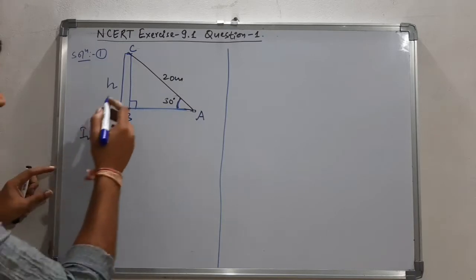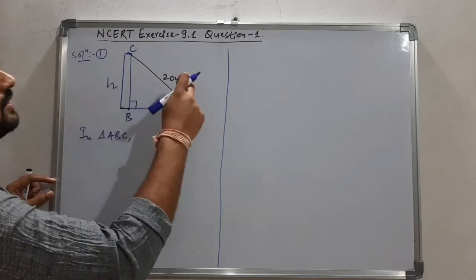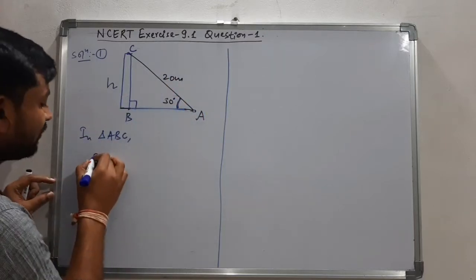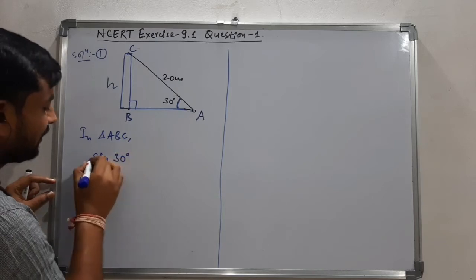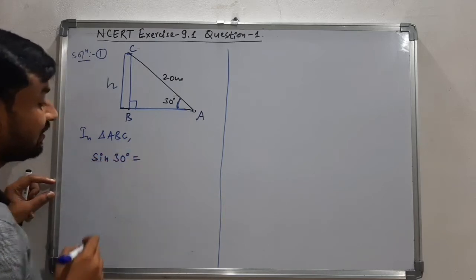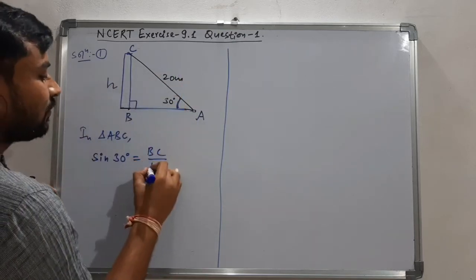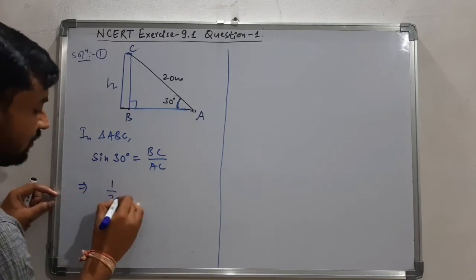So here in this triangle, this is the perpendicular and this one is the hypotenuse for this angle 30 degree. So I am using sin 30 for this triangle. Sin 30 here will be perpendicular upon hypotenuse, that is BC upon AC, and the value of sin 30 is 1/2.